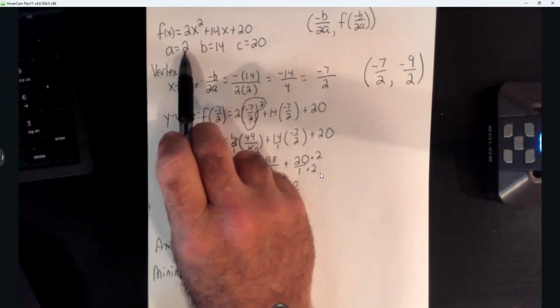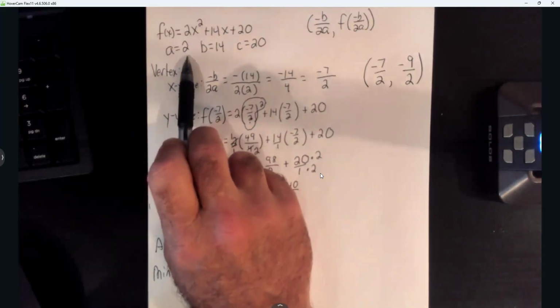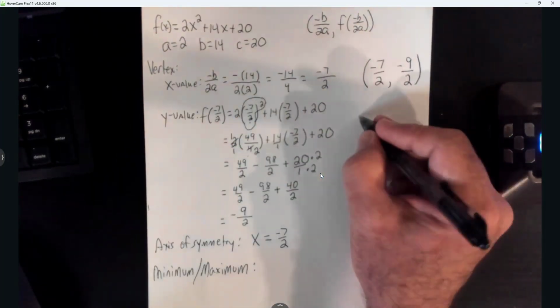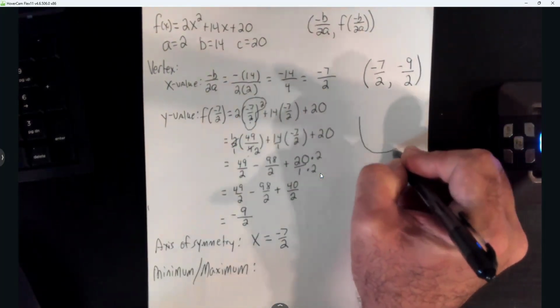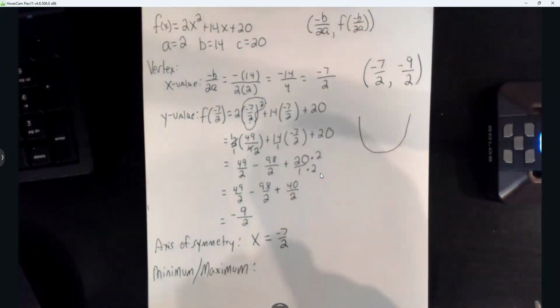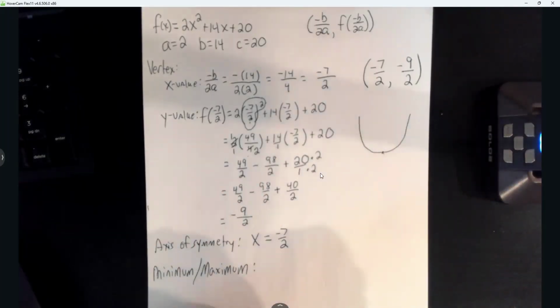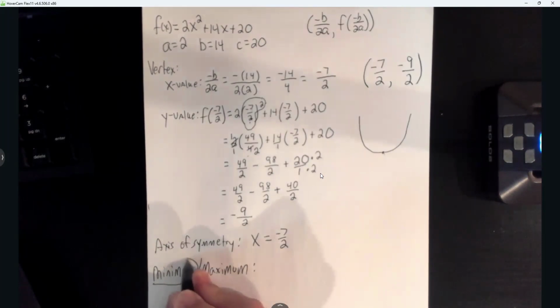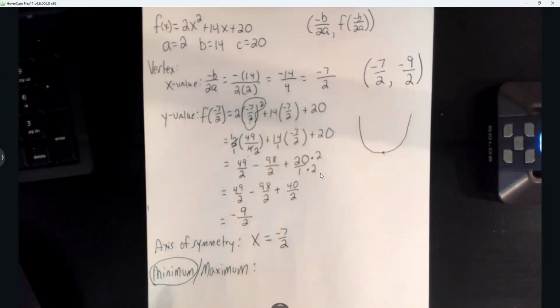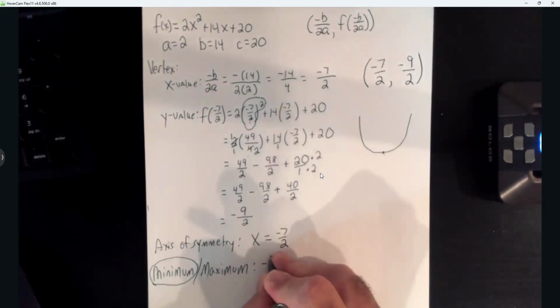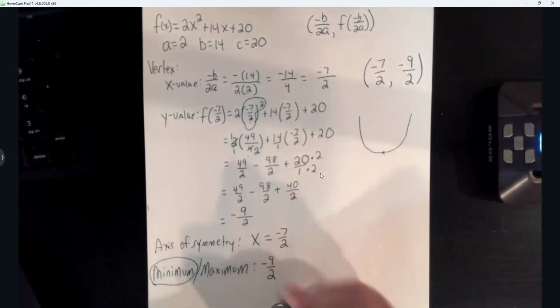I'm looking at A again. A is positive, y'all. So since A is positive, this graph is going to look like a U-shaped parabola, which means we will have a minimum value on it. And y'all, the minimum value is equal to the y value, which is negative 9 halves.